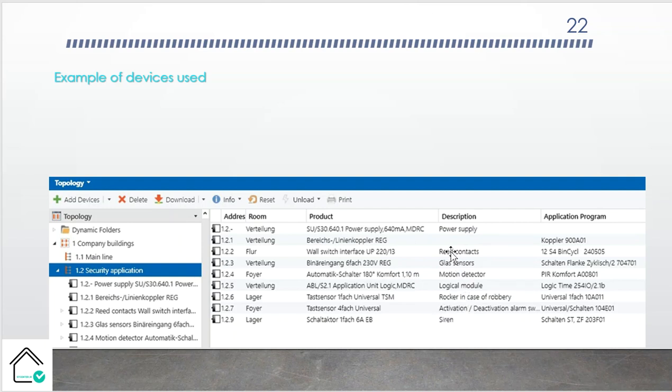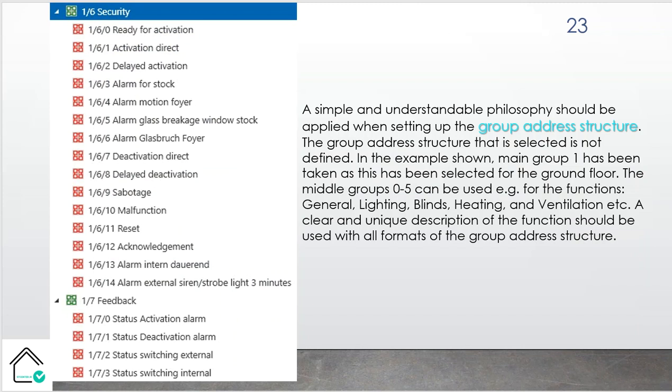You cannot see here fan coil actuator or light actuator, dimmer actuator. There is nothing like that in this line according to the book set. So the topology is something important to follow if you have it. Also about the group address, which group address we use.